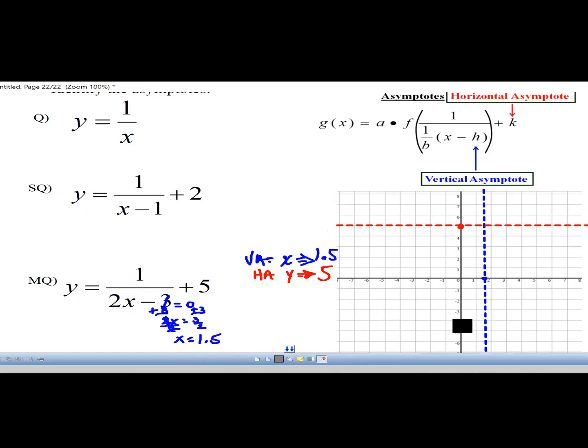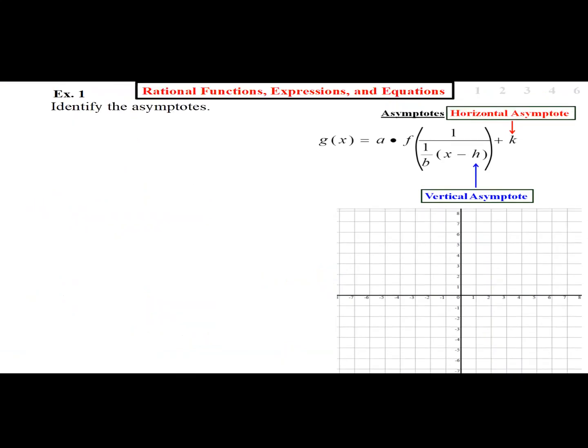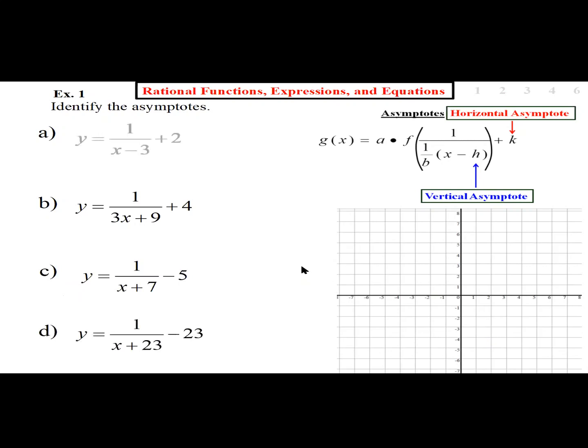Okay. So let me give you some for you to practice on your own. Here we go. Copy this. So we got example 1A, B, C, and D. Example 1A reads y equals 1 over x minus 3 plus 2. B is y equals 1 over 3x plus 9, and then at the end plus 4.